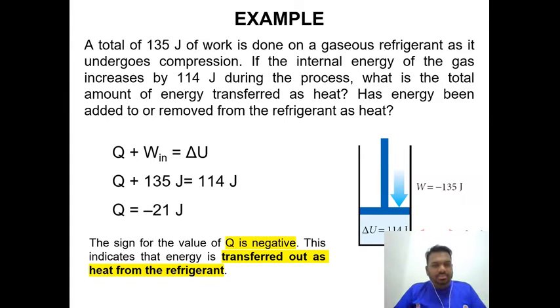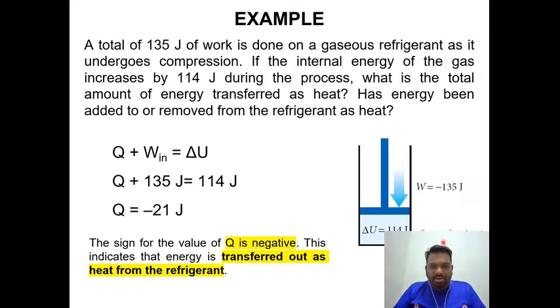The third one: a total of 135 joule of work is done on a gaseous refrigerant as it undergoes compression. If the internal energy of the gas increased by 114 joule during the process, what is the total amount of energy transferred as heat? Has energy been added to or removed from the refrigerant as heat?